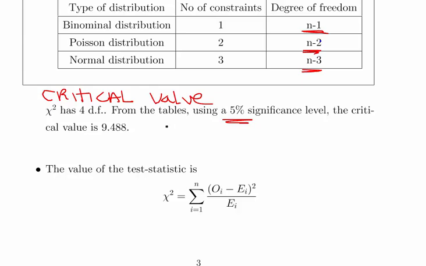It could be different. The critical value is 9.488, from the chi-squared critical value tables. I skipped over that part partly because you should already have been introduced to chi-squared tests before tackling this material.